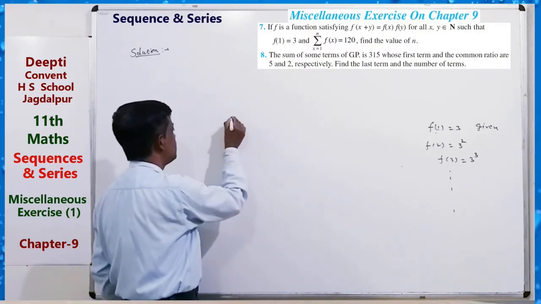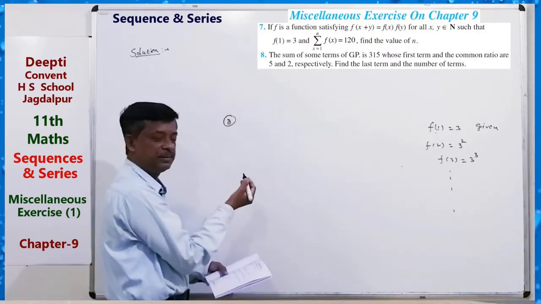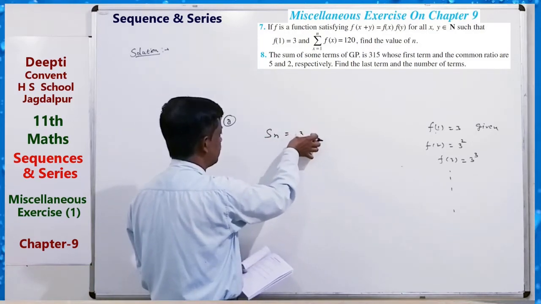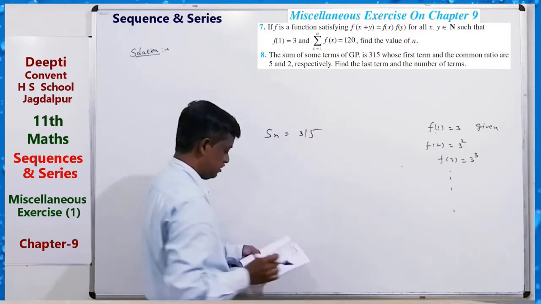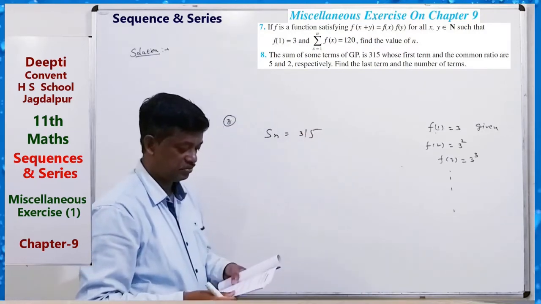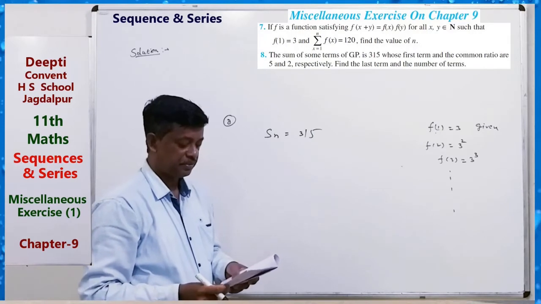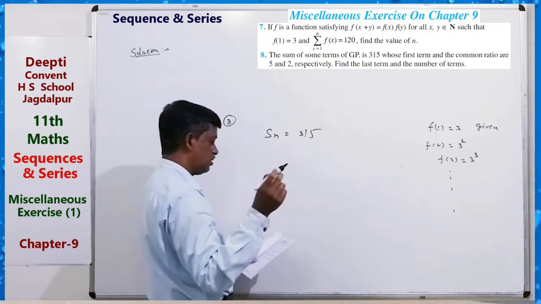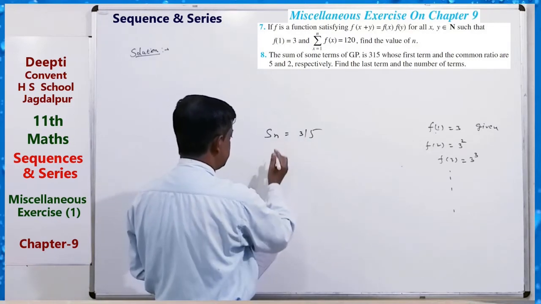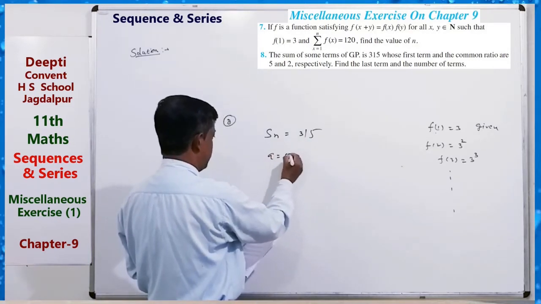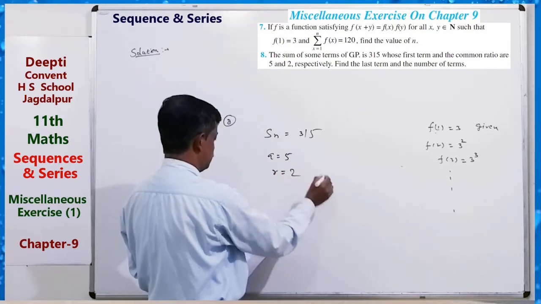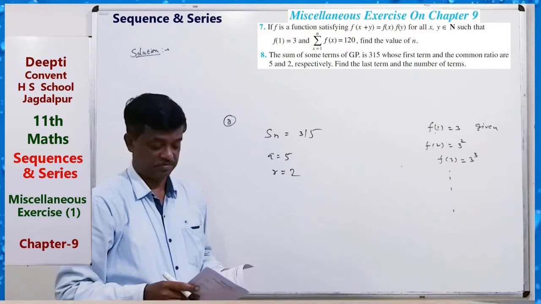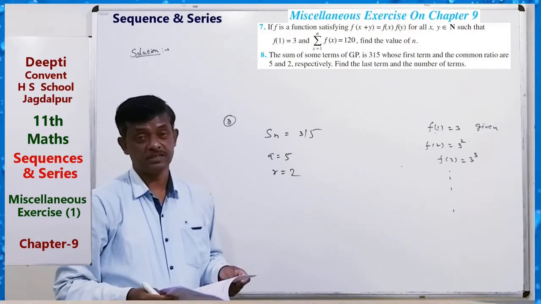Here, question 8. Sn equals 315 is given, and the first term and common ratio are 5 and 2. So A equals 5 and common ratio equals 2. We have to find the last term.